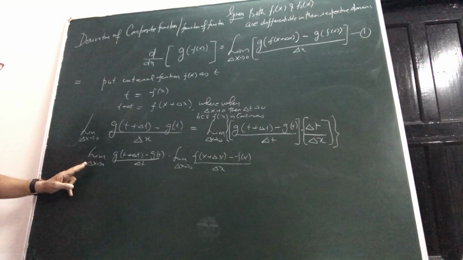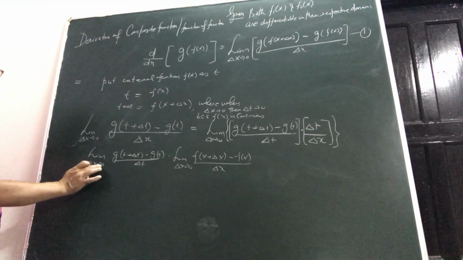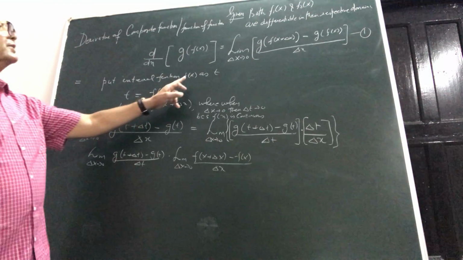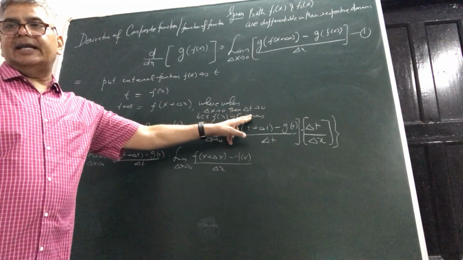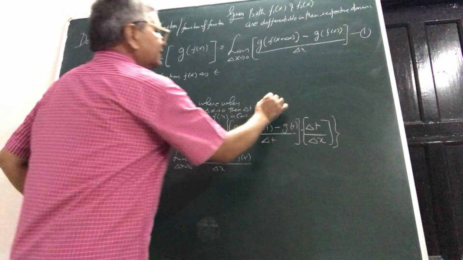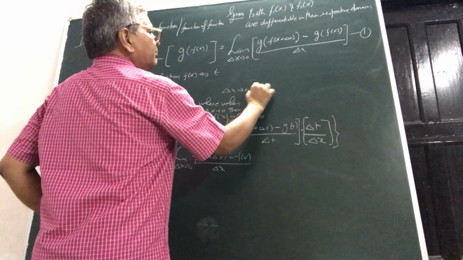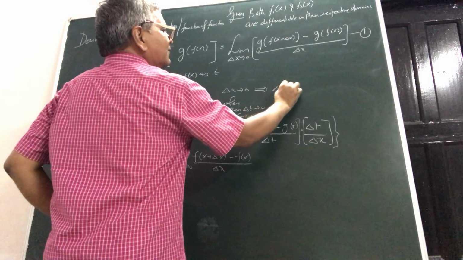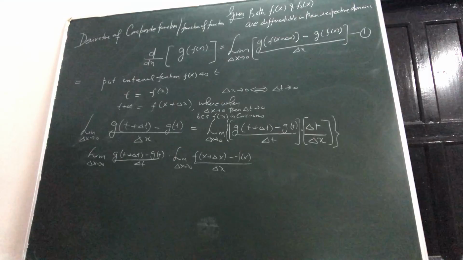Okay, now see here. Either you write delta x tends to 0 or you write delta t tends to 0, because this point we have already seen. When delta x tends to 0, then delta t tends to 0. So here see, in fact, delta x tends to 0 implies delta t tends to 0, and delta t tends to 0 implies delta x tends to 0.